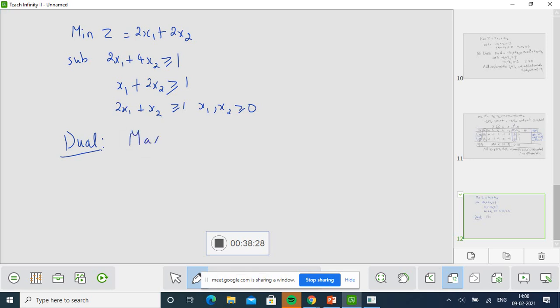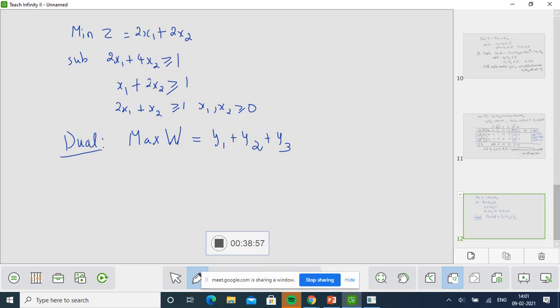Your dual problem would be maximize W is equal to y1 plus y2 plus y3. There will be three variables. The number of constraints in the primal is the number of variables in the dual. So that we should remember.